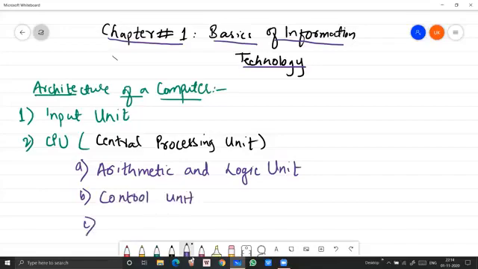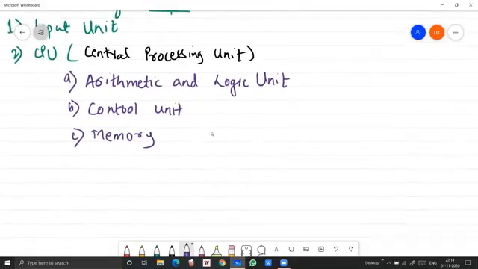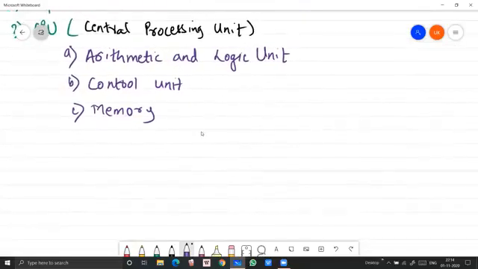And the third one is your memory. We had seen the block diagram in the earlier lecture. Now I'm not going to draw the block diagram because it's already done in our earlier lecture. So just begin with the topic, arithmetic logic unit.